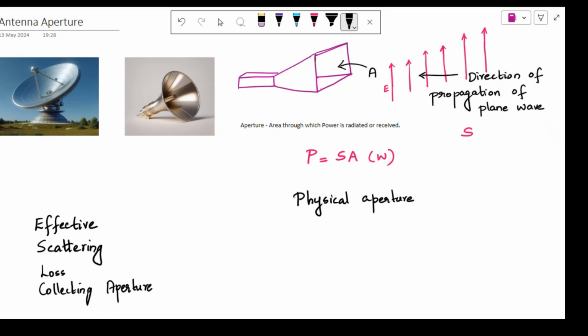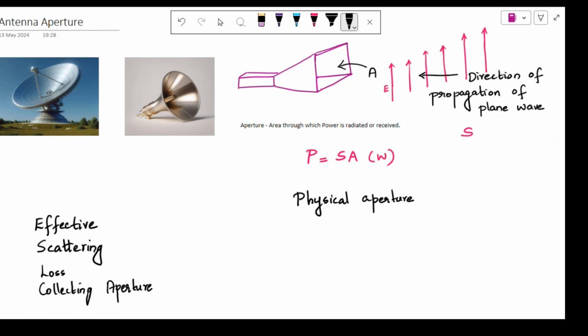But effective means that even though the physical size is this much, effectively, across the complete physical size, the electromagnetic radiation will not be transmitted or received. That's why you have different types of aperture. But the physical aperture is based on the actual size of the antenna.